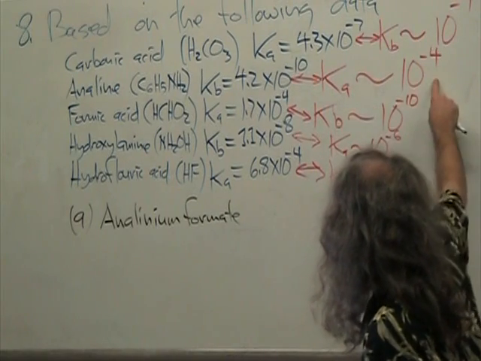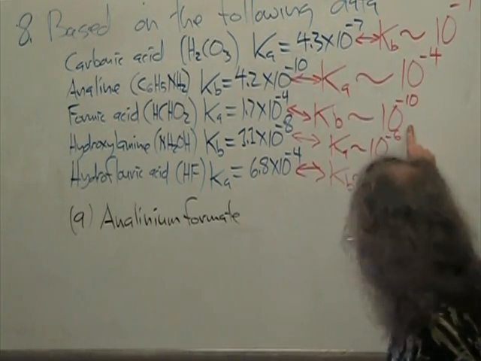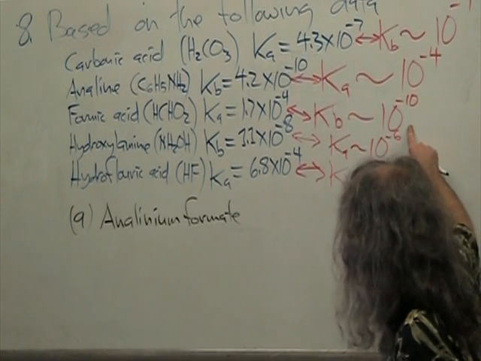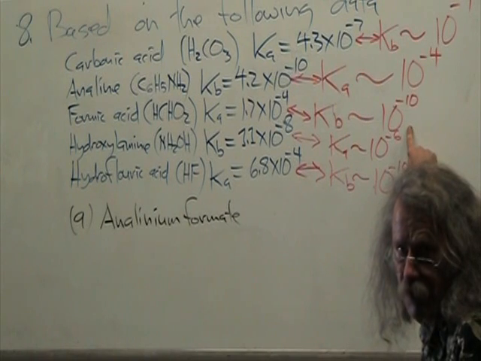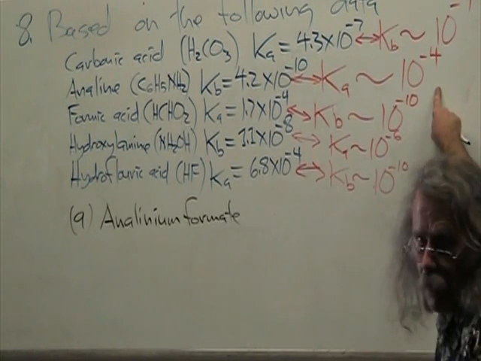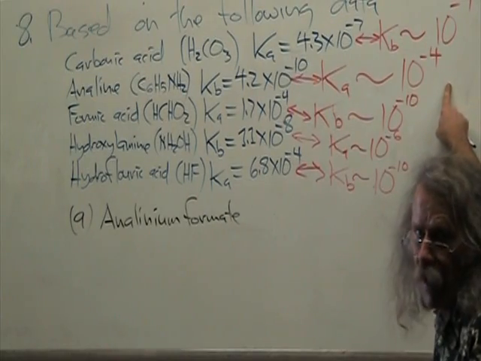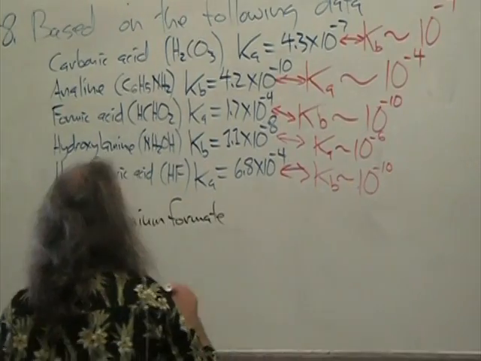The Ka is 10 to the minus 4, and I divided it by the Kb of the conjugate base of formic acid, which is 10 to the minus 10, the smaller of the two. So it is much bigger, more than 100 times. It's 1,000,000 times bigger.